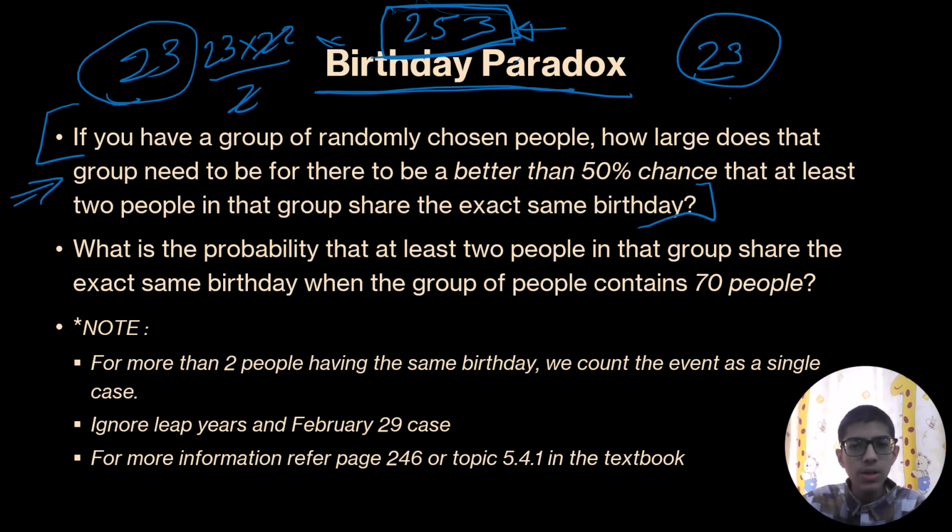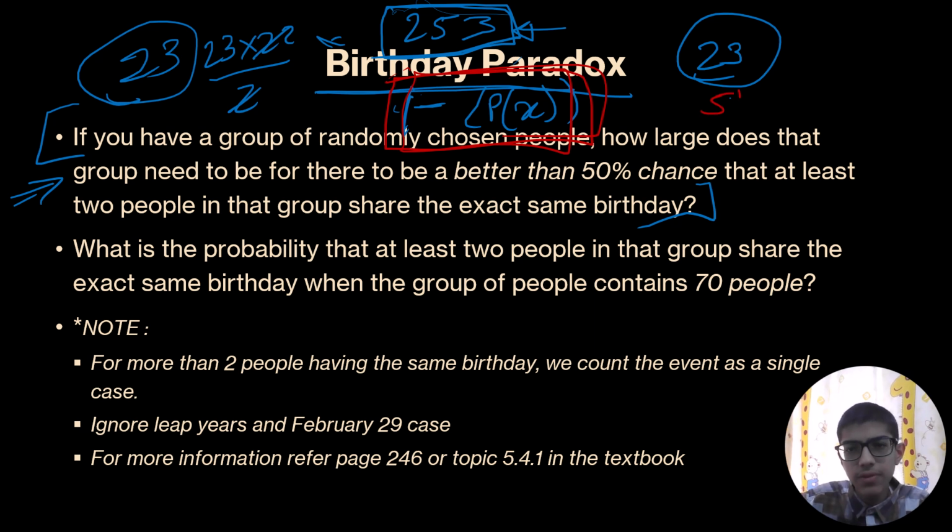Now with this you can calculate the probability of obtaining two people with not the same birthday and subtract that from 1 to result in a number which is greater than 50%, that is about 51 to 52%.